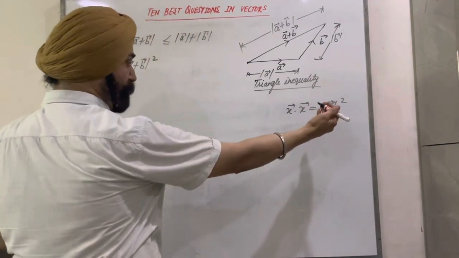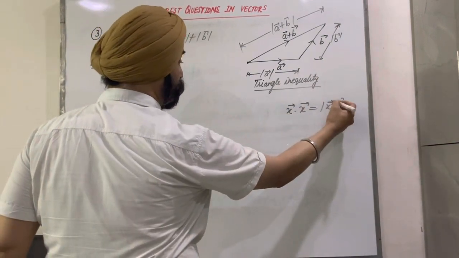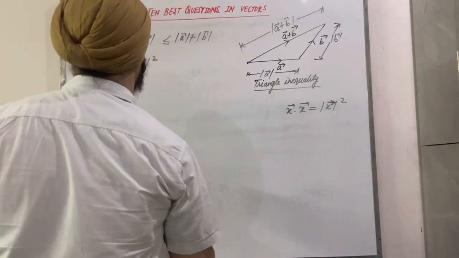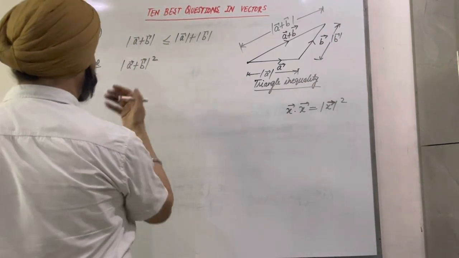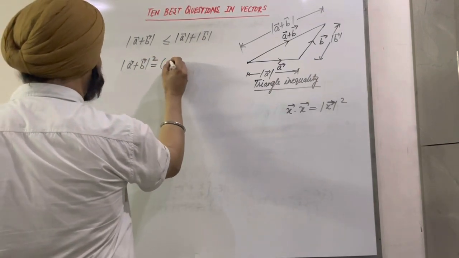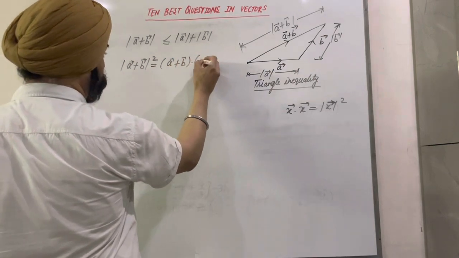Now we are going to make use of the reverse of this property. That means magnitude of vector x square can be written as the dot product of vector x with itself. So in place of vector x we have vector A plus vector B. So the square of the magnitude is the dot product of the vector with itself.